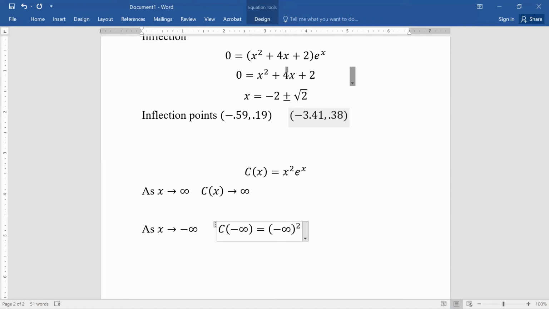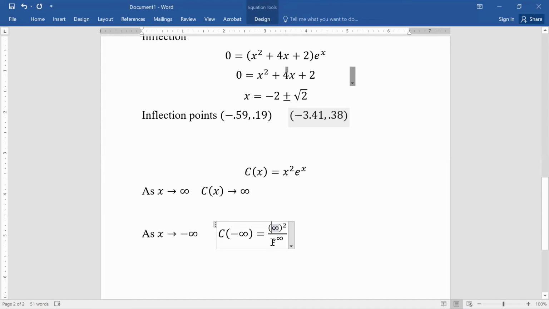But e to the negative infinity is going to become a number that's really, really close to 0. In fact, one way you can think of this is that we're getting sort of like infinity squared divided by e to the infinity.